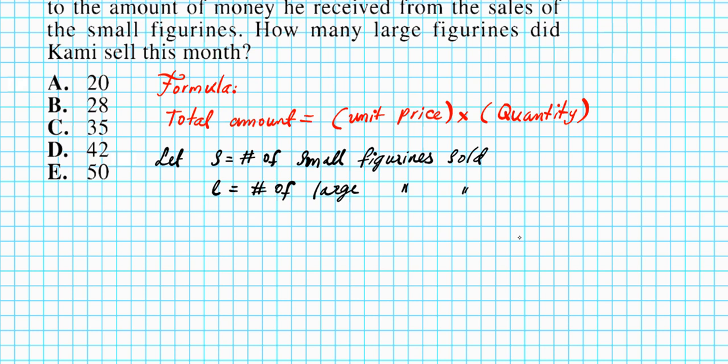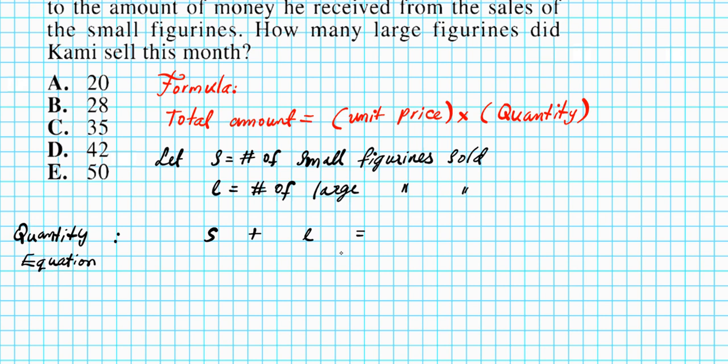Okay, so let's start off with our quantity equation. So our quantity equation is given by the number of small figurines sold plus the number of large figurines sold is equal to what?